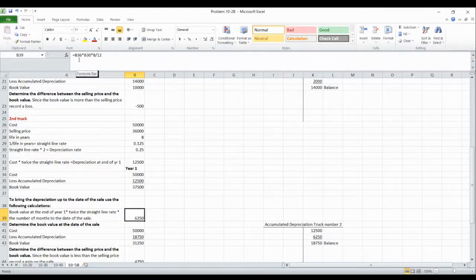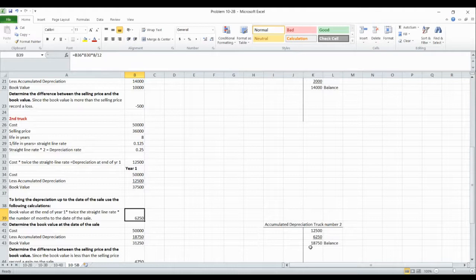So the book value was $37,500. We multiply it by 25%, and then we multiply it by 8 months to bring it up to September and divide it by 12. This will give you the depreciation that we need to bring the asset up to date.